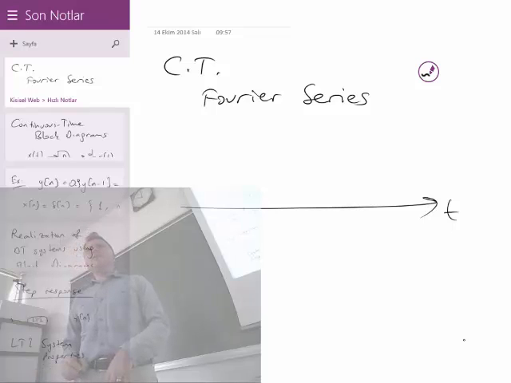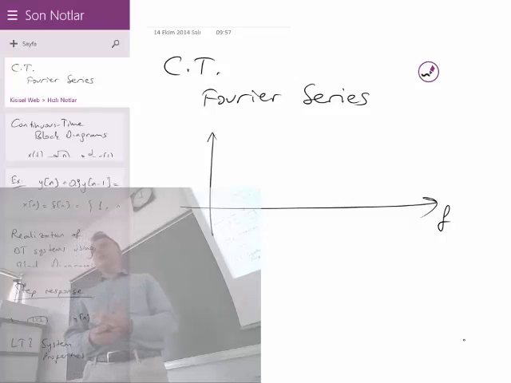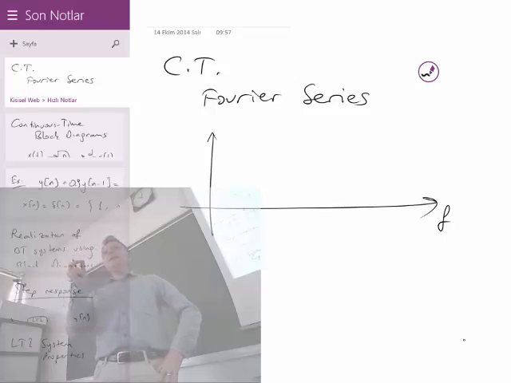And that is, instead of the time axis that we draw, I'm going to erase it and I'm going to put a frequency axis over it. Can we still represent signals here? And the answer to this question is a quite clear yes.